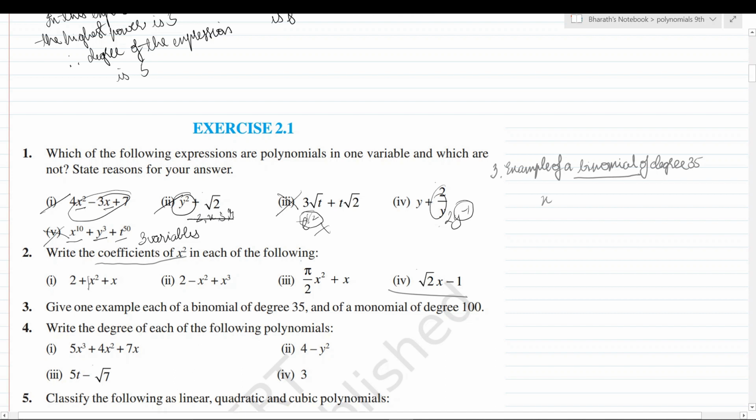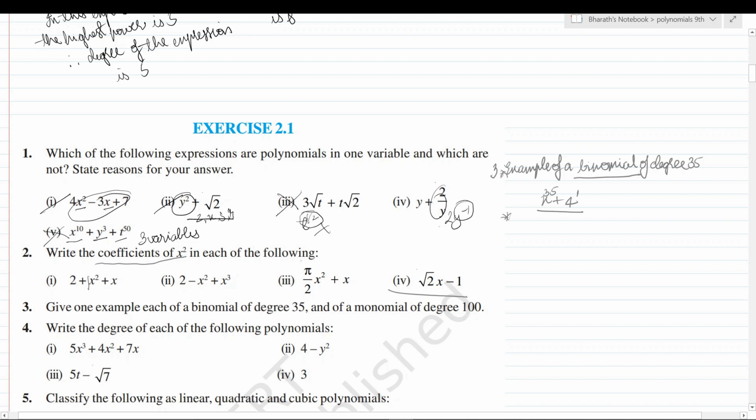So we can write it simply as x power 35 plus 11. Since there are only two terms, it satisfies the condition of a binomial, and the power is degree 35. As we all know, degree is the highest power of the equation. So the highest is 35, and this satisfies. This is the first part of the question.